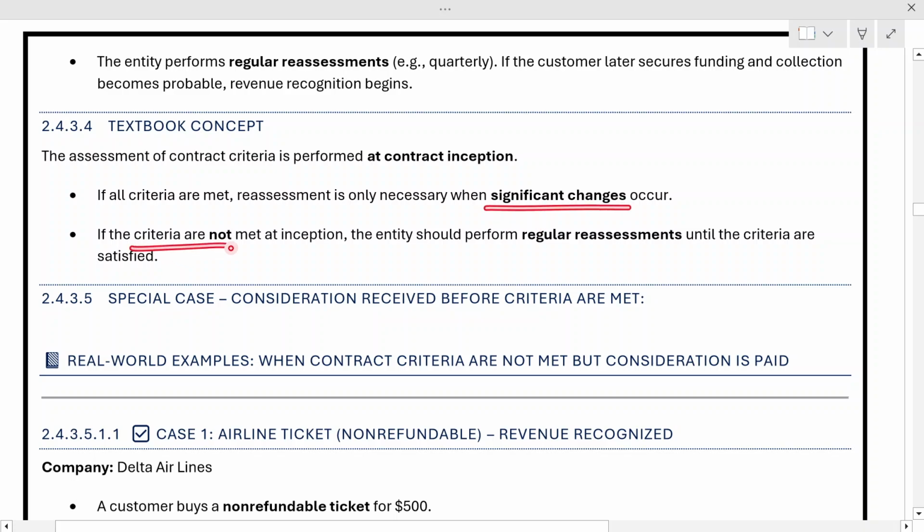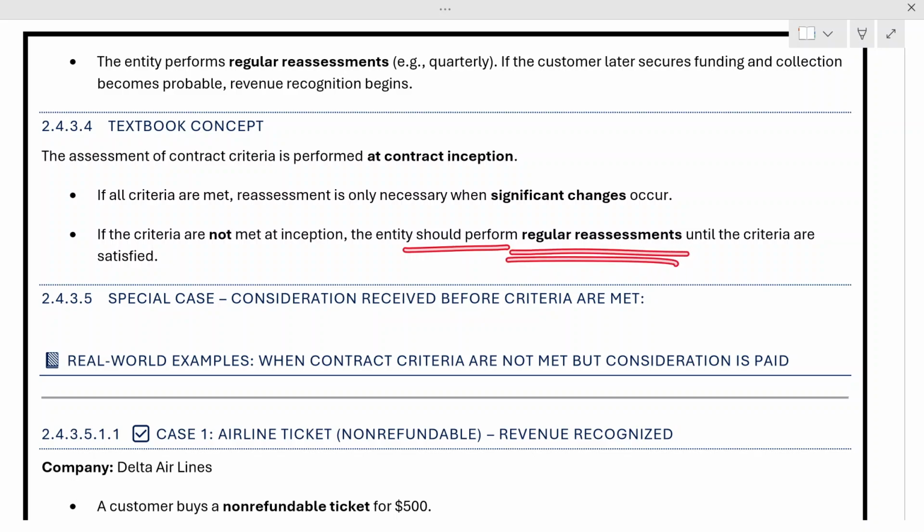Second, if the criteria are not met at inception, as we saw in the above case, the entity should perform regular reassessment, every quarter, every month or every year, whatever the case may be. They will be reassessing until the criteria are met or satisfied.